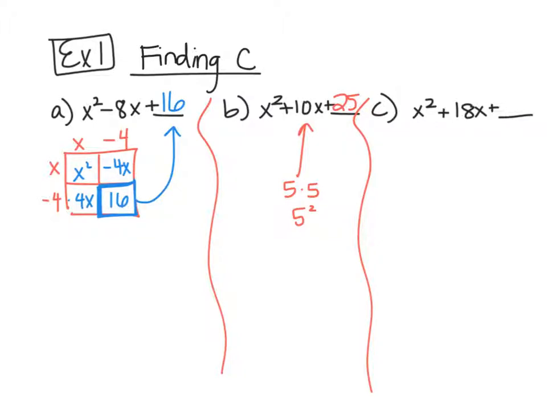Half of 18 is 9. So if I do 9 times 9, or 9 squared, that's going to give me this last number, which is going to be 81. Notice that no matter whether the number you pick is negative or positive, this last value is always positive, because even a negative times a negative is a positive number.